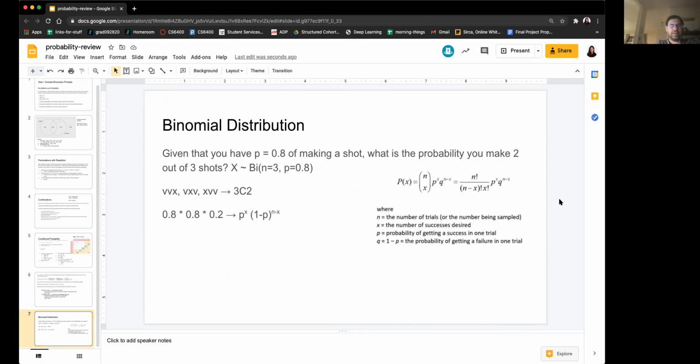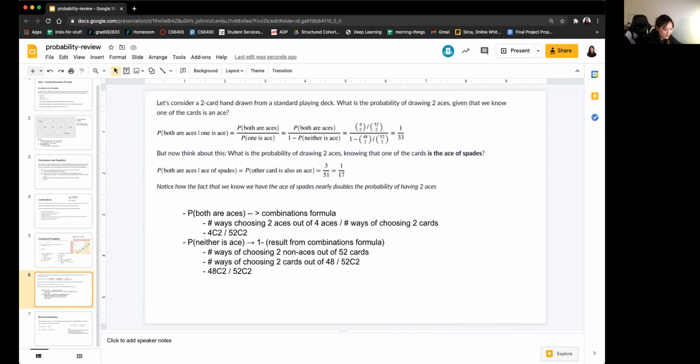Isn't it a little bit easier to just multiply 2 non-aces than to do choose in the previous problem? Say that again? Is it a little bit easier than 48 choose 2 divided by 52 choose 2? Isn't it easier to do just 48 out of 52 times 47 out of 51? That's actually a really good point.